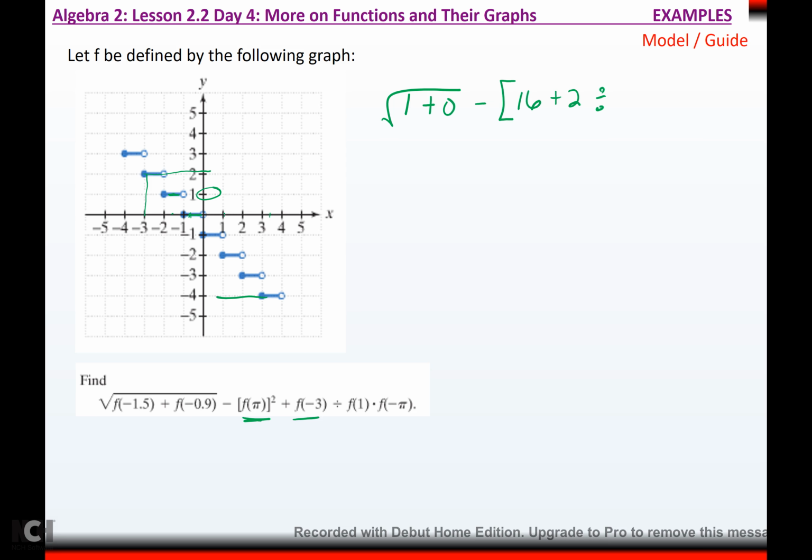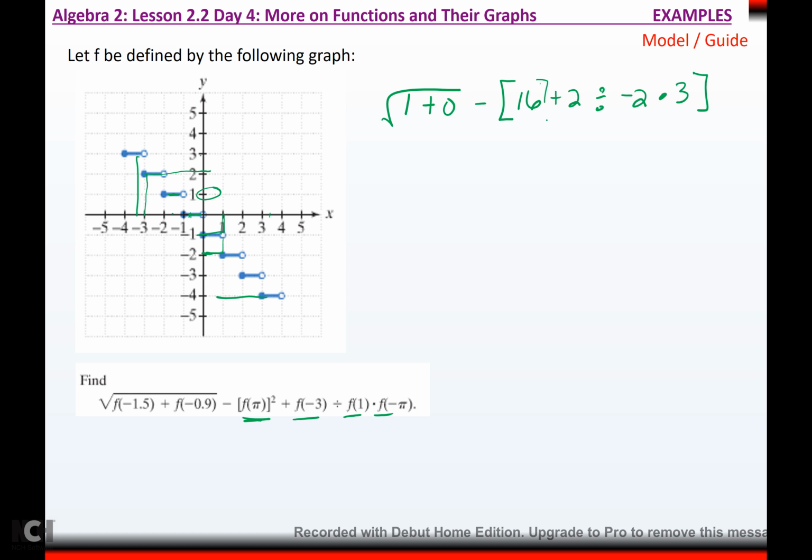If I go to 1 and I read the graph, it's not negative 1 because it's open there. I have to go down to here, so it's negative 2, times f of negative pi. Negative pi is negative 3.14, up to the graph gives me a value of 3.